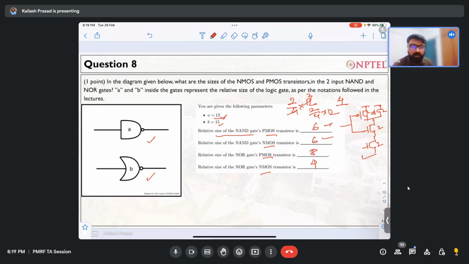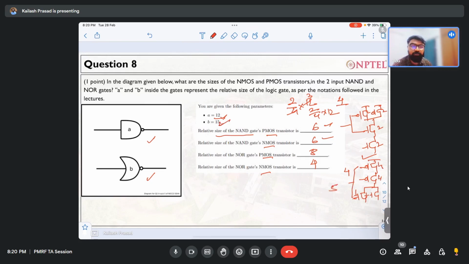If you go for the NOR gate, it will be 1 and 4. I'm just directly writing it, 1 and 4. If you remember it correctly, we have done this today. The size was 1, then 4 and 4, so any of the inputs will have 5. Total it will be 5.